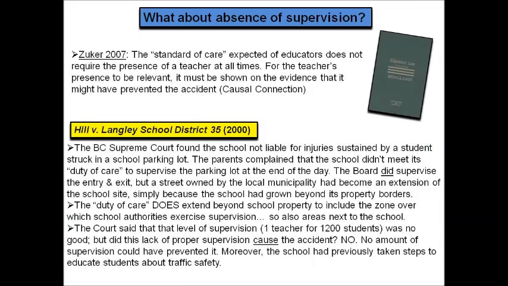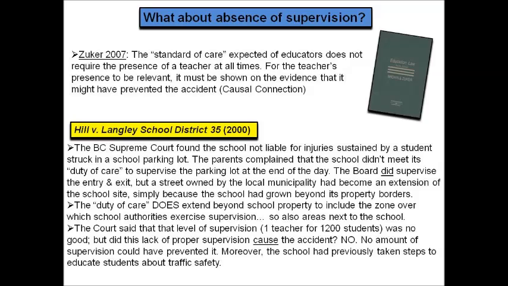Questions. What about absence of supervision? Brown and Zucker, in their book, say the standard of care expected of educators does not require the presence of a teacher at all times. For the teacher's presence to be relevant, it must be shown on evidence that it might have prevented the accident.